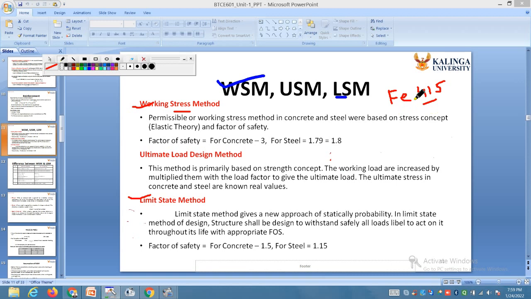So you have to apply a factor of safety for designing, because whenever we design a structure we have to take a factor of safety, because there are a lot of such incidences which may occur during the service life of that structure.